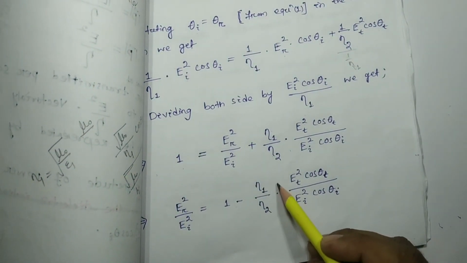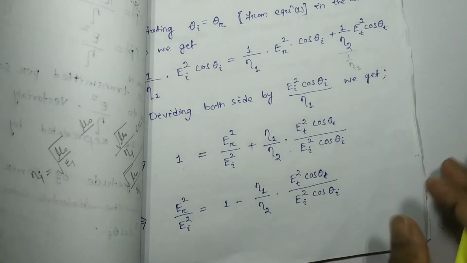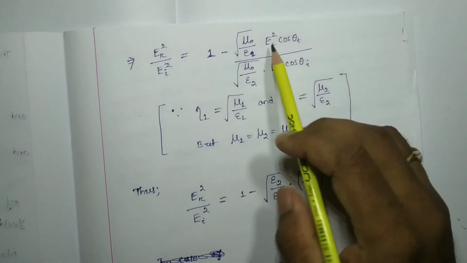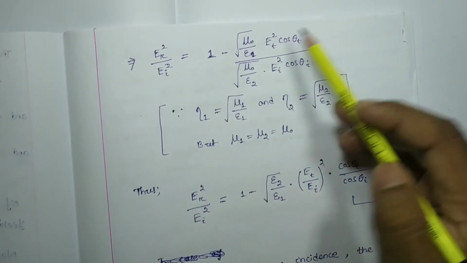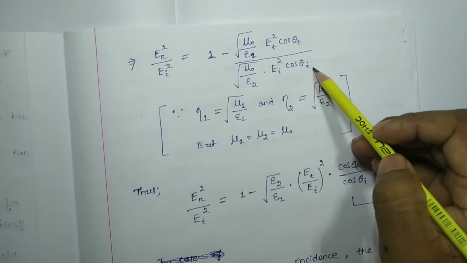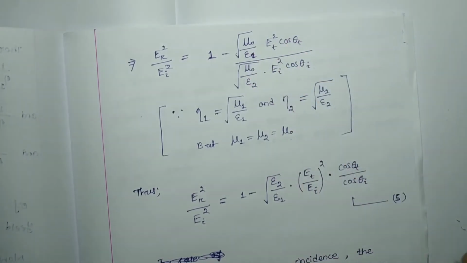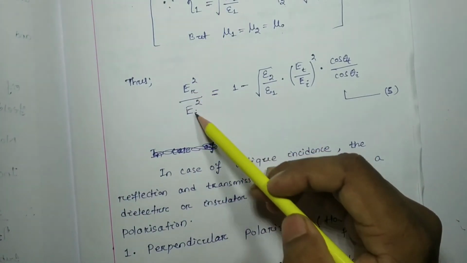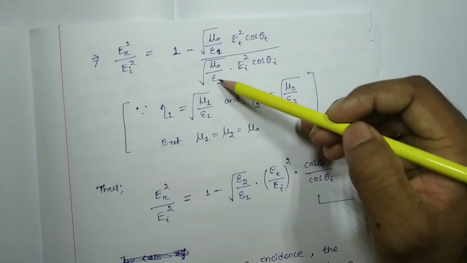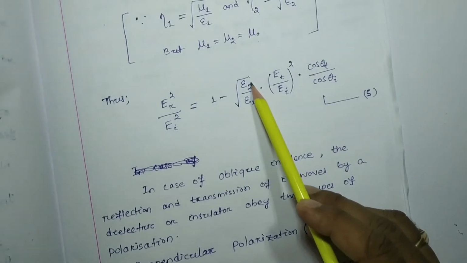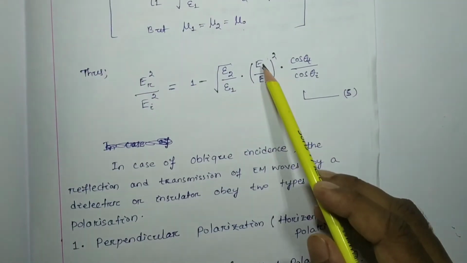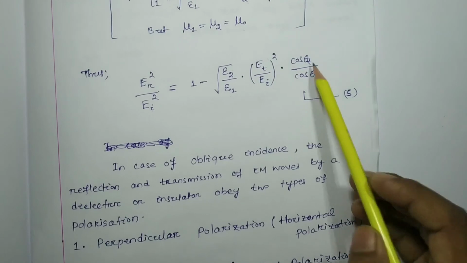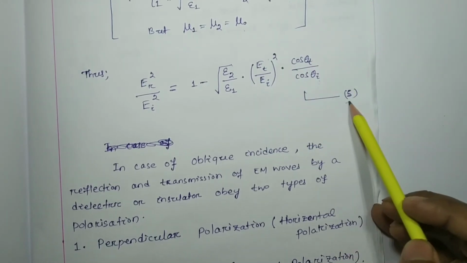So instead of η1 we can write √(μ0/ε1), and η2 can be written as √(μ0/ε2). So Er²/Ei² equals 1 minus √(μ0/ε1) Et² cos θt over √(μ0/ε2) Ei² cos θi. Here √μ0 is cancelled out, and ε2 moves to the numerator, so it is 1 minus √(ε2/ε1) times (Et/Ei)² times cos θt by cos θi. Let this be equation number 5.